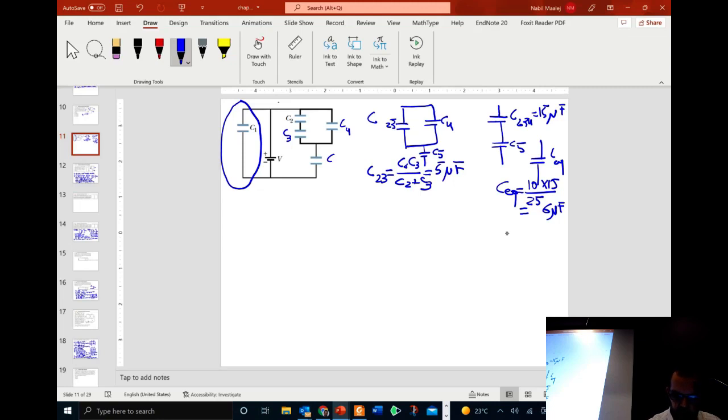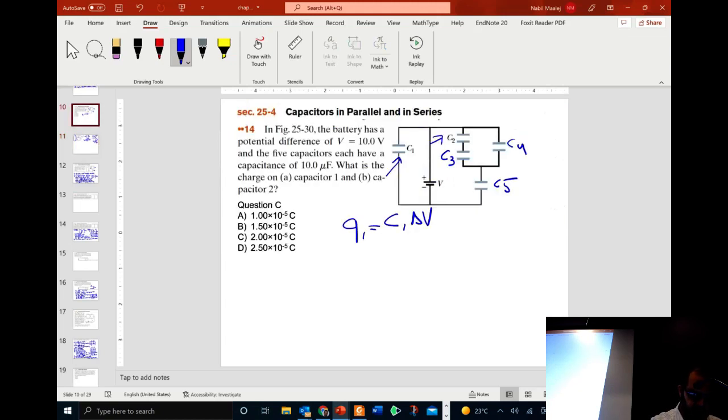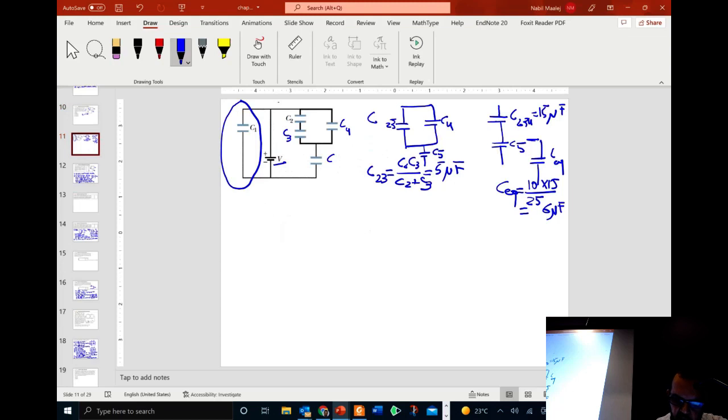I will start with C equivalent. So first of all, we have the voltage. The voltage here is equal to V, which we said is 10 volts. So we know the voltage V, we know C equivalent, we can determine Q equivalent.